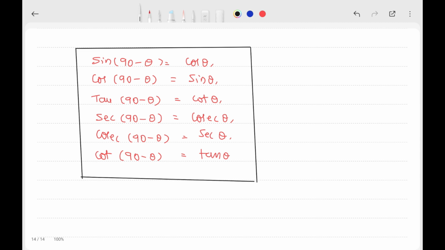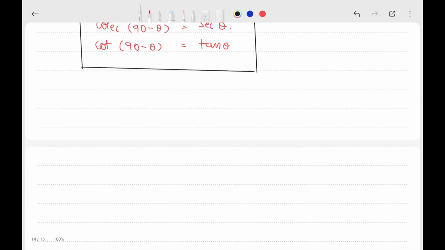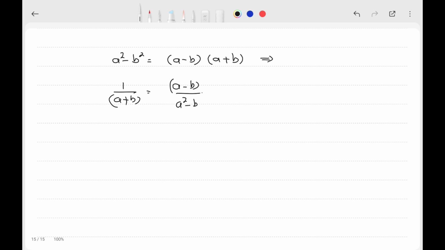Remember this. And as far as algebra is concerned, a square minus b square is equal to a minus b into a plus b, which implies 1 by a plus b is equal to a minus b by a square minus b square.